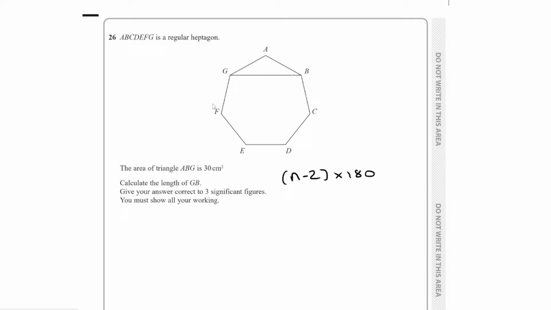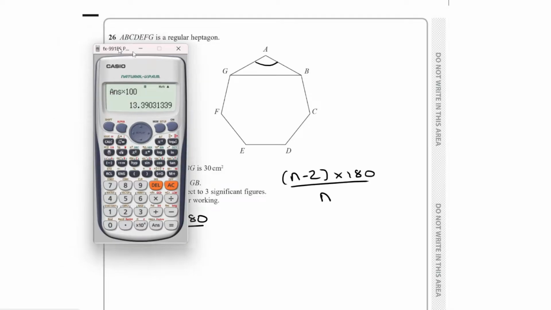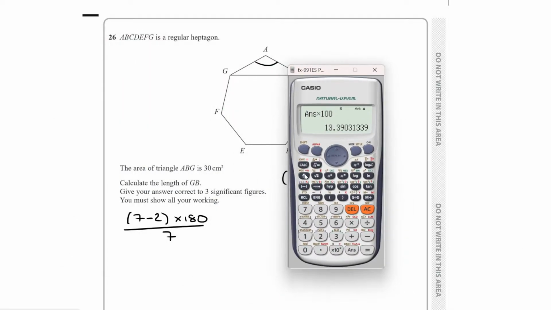But if I want to work out just one angle, this one, let's say, because it's regular, they're all shared out equally, aren't they? So I can divide that then by n. So in this case, I'm going to do, in my calculator, 7 minus 2 times 180 over 7. Let's get my calculator up, because I think this is not a nice number.